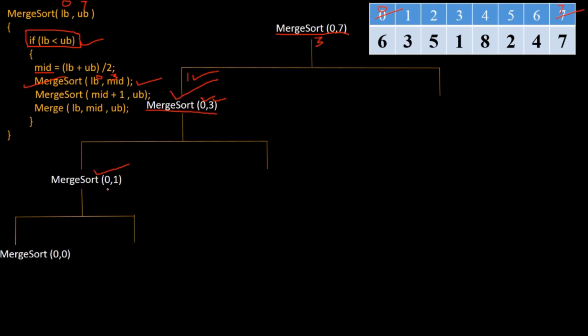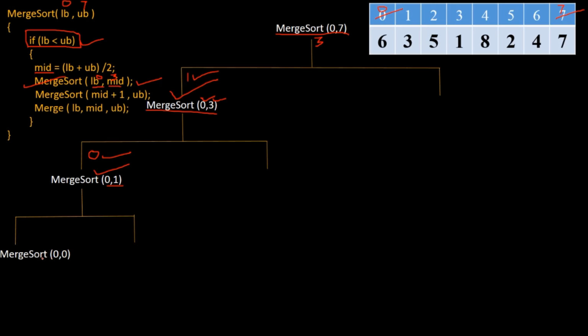Why this 0 comma 0? Because when it is 0 comma 1, the mid value is 0, and you are calling LB with mid. LB is always 0 with mid. The new value of mid is 0, hence the 0 comma 0 function will be called here.